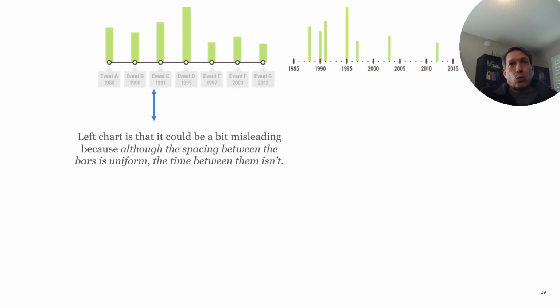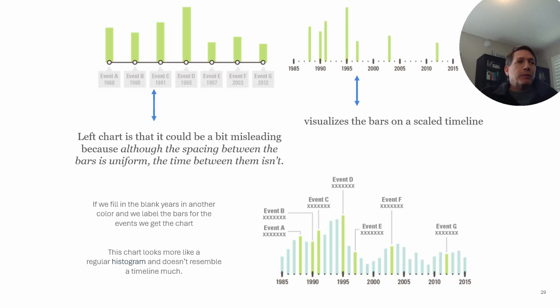I always prefer to use the real scale to be more transparent in the communication. Sometimes you just want to associate the event with the magnitude, and maybe it's not critical over time, but having the scale of time is really important.